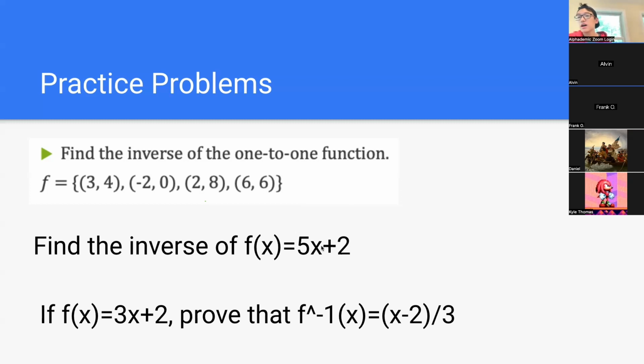And then lastly, if f of x equals 3x plus 2, prove that the inverse of f of x equals (x minus 2) over 3. All right. Once you're done, just put your answers into the chat box.